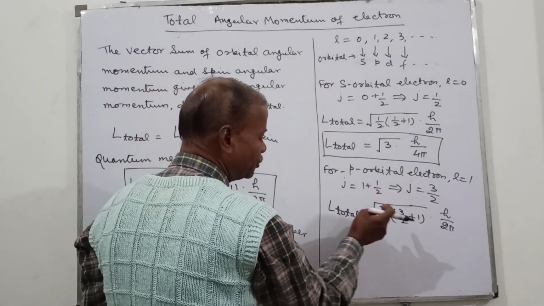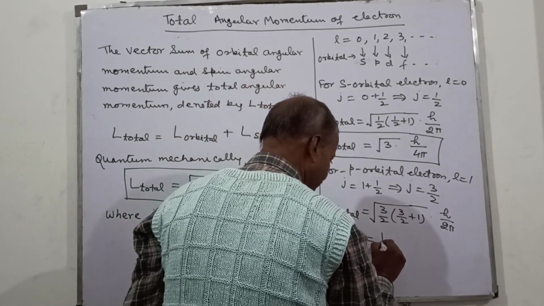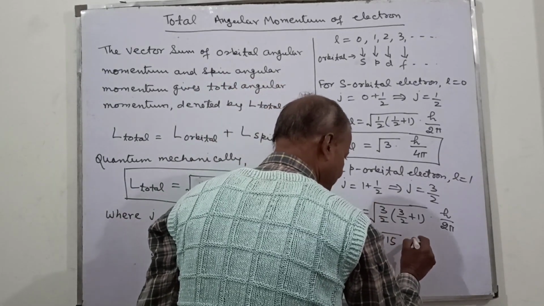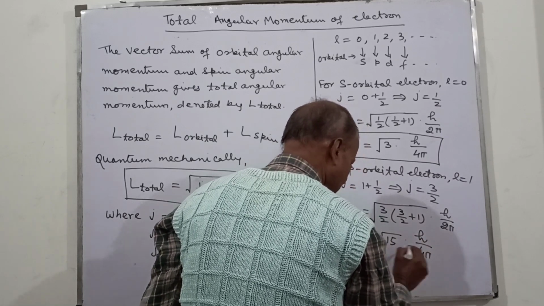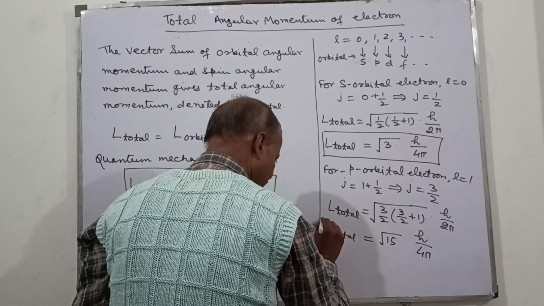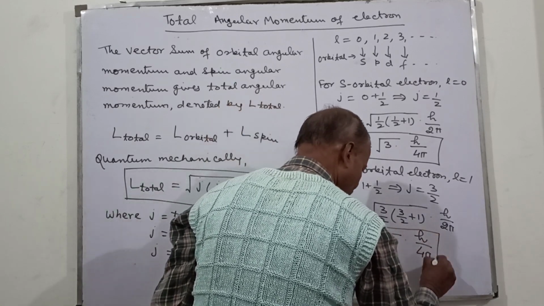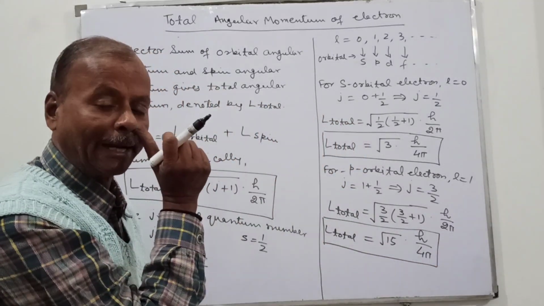So this is now 5 upon 2, and 5 into 3 is 15. So square root of 15 into h upon 4 pi. This is L total for P orbital electron.